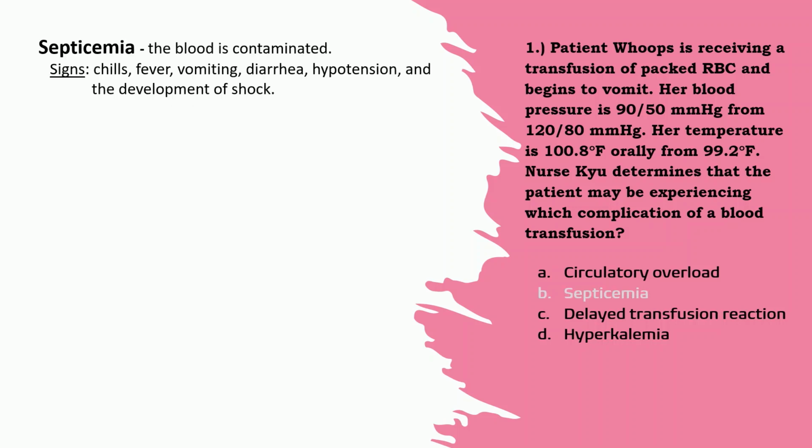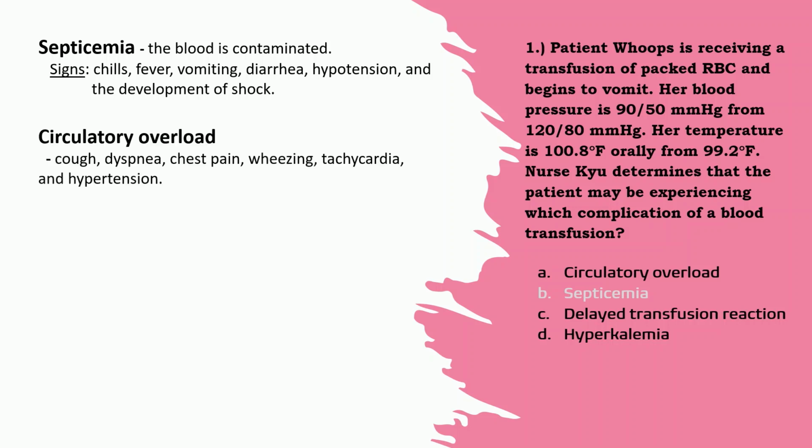Septicemia occurs with the transfusion of blood contaminated with microorganisms. Signs include chills, fever, vomiting, diarrhea, hypotension, and the development of shock. Circulatory overload causes cough, dyspnea, chest pain, wheezing, tachycardia, and hypertension.